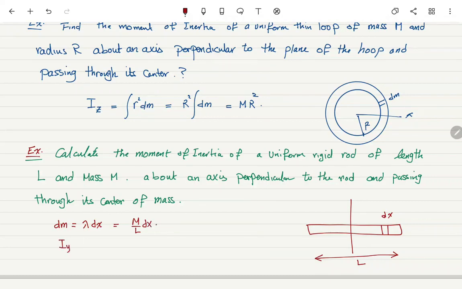Iy, the moment of inertia about the y-axis, is equal to the integral of r squared dm, or the integral from minus L over 2 to L over 2 of x squared times m over L dx, or m over L times the integral from minus L over 2 to L over 2 of x squared dx.